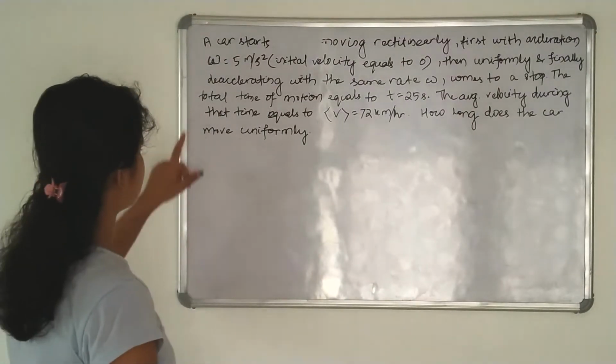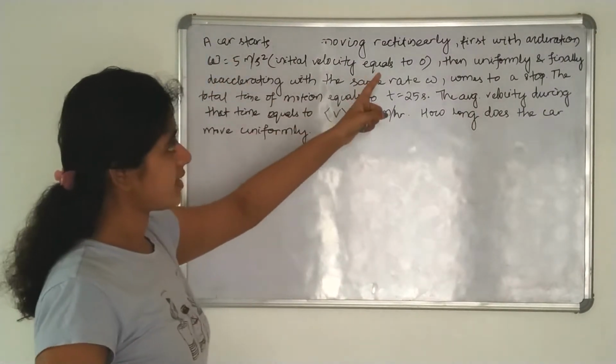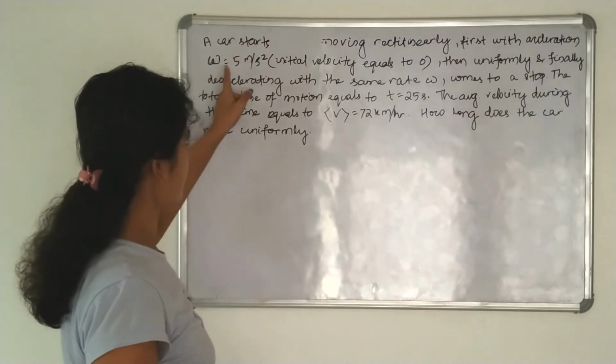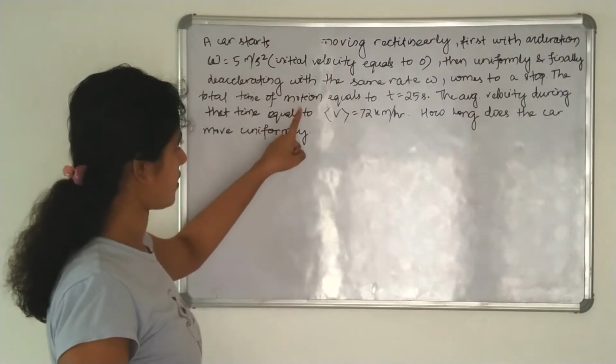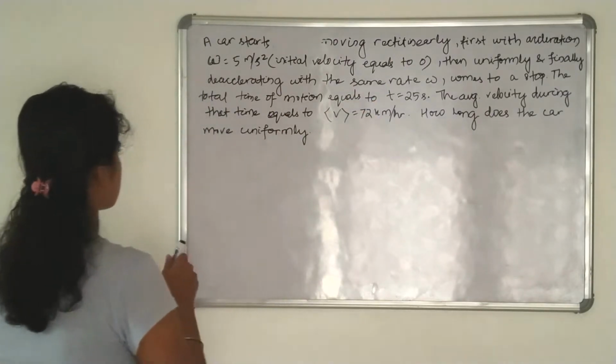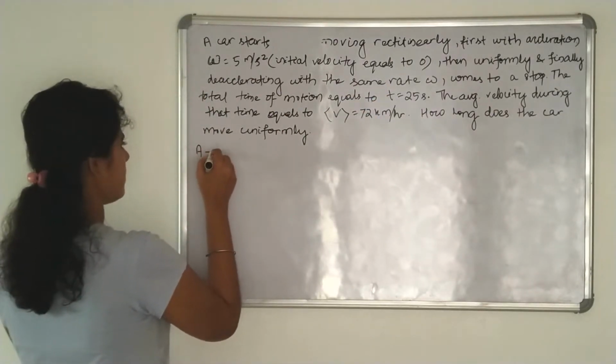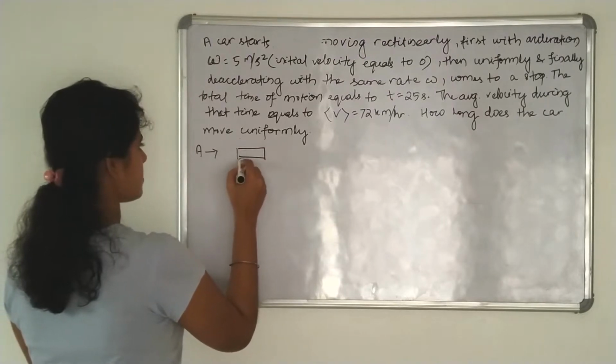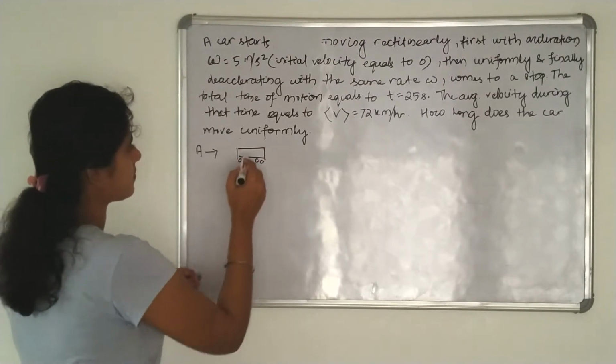It states that a car starts moving rectilinearly fast with acceleration omega equal to 5 meter per second square, where the initial velocity is equal to 0. So let us consider this as a car.